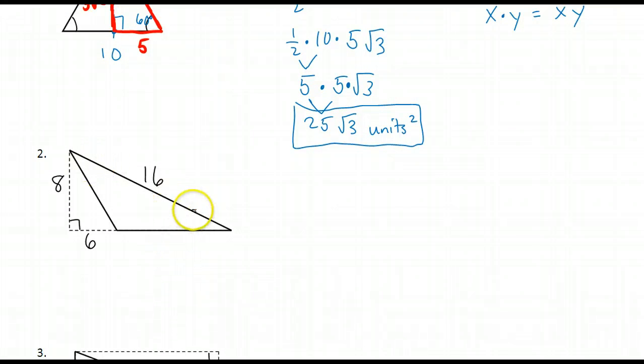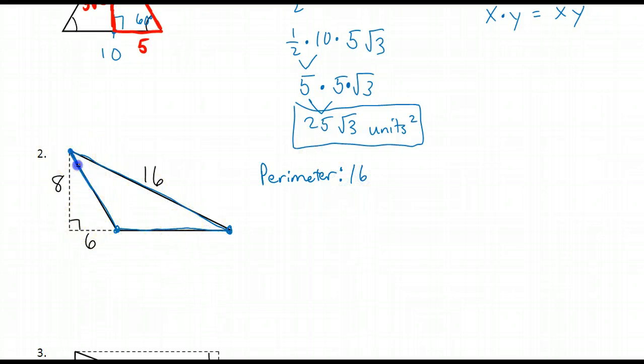In my second example, my perimeter is going to be 16 plus this length plus this length. Well, in order to find those lengths, I need to do some problem solving.